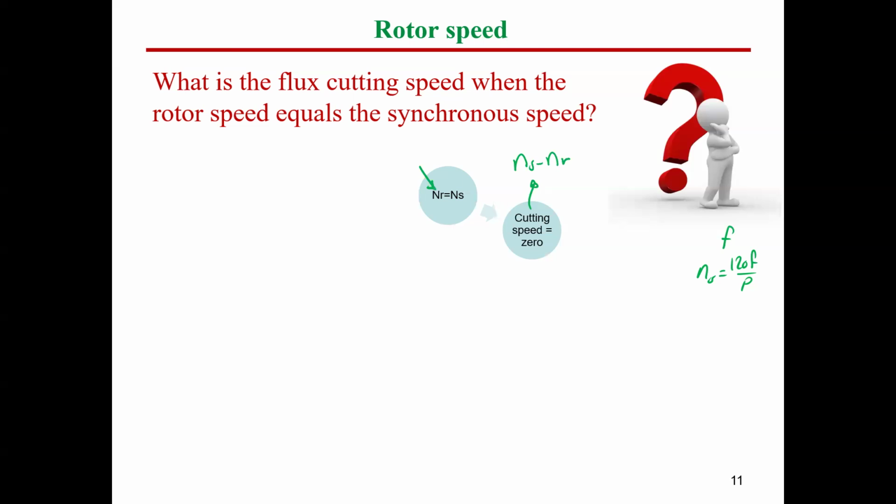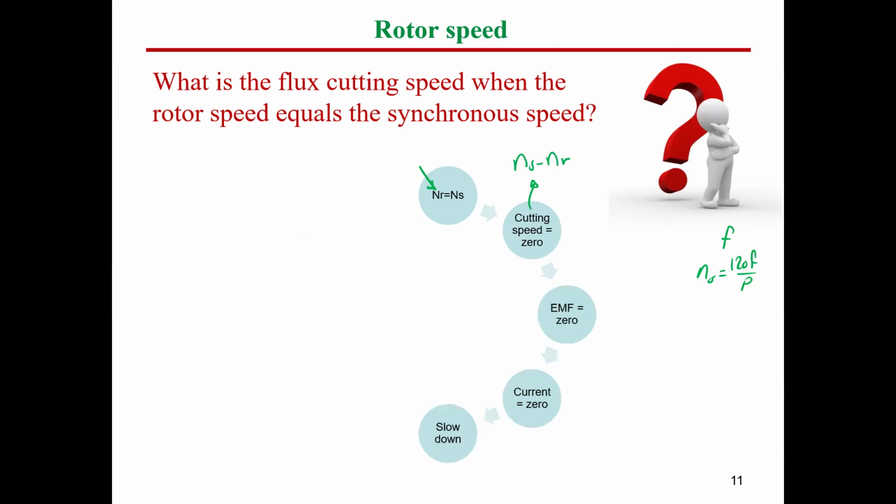If the cutting speed reaches zero, the induced voltage will be zero. If the induced voltage became zero, no current will flow in the rotor bars or rotor windings, which means the machine will start slowing down.